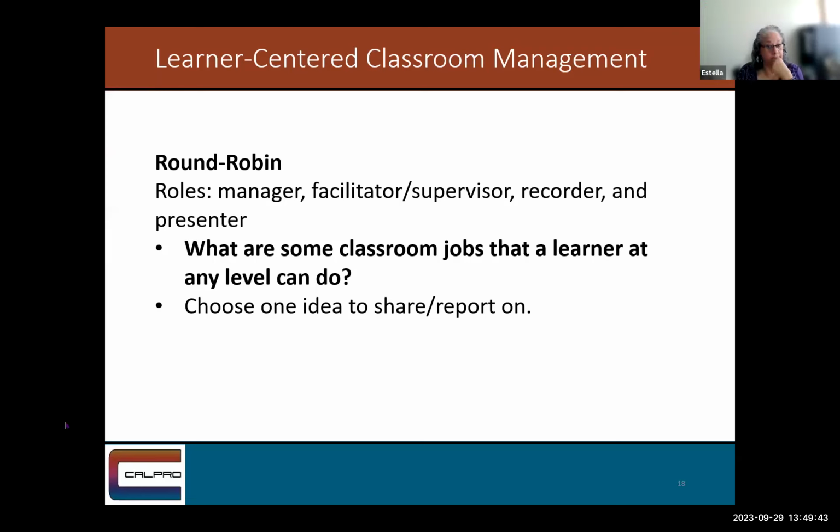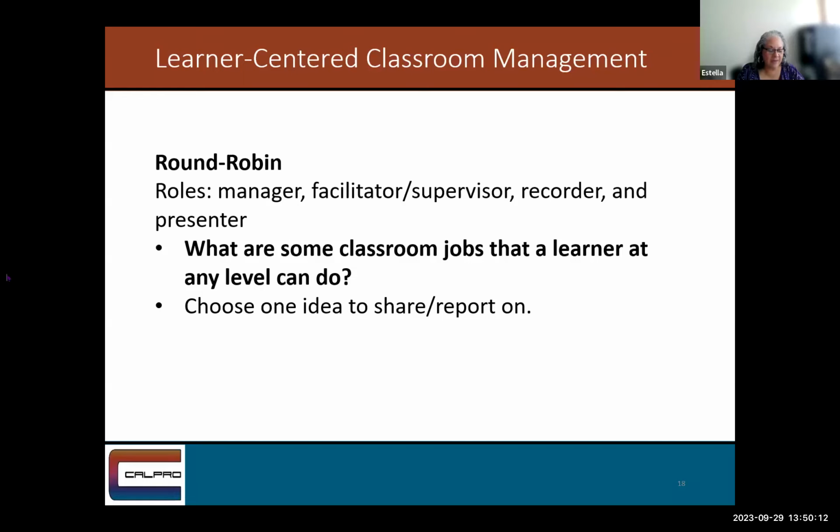A student maybe low level in ESL, maybe high level in technology, could be very helpful when it comes to logging in and navigating whatever learning management system the school is using. So in that way we can give them that responsibility and have them leading that particular area. Awesome, thank you.